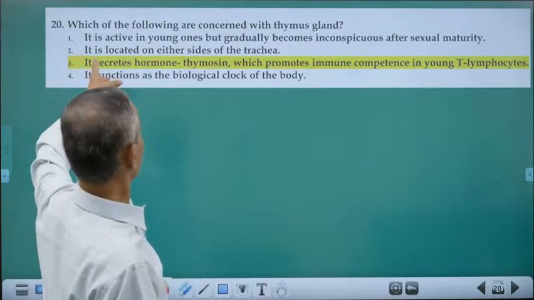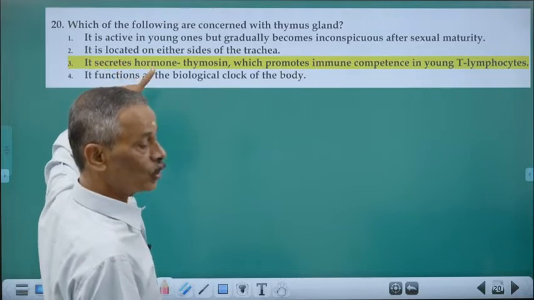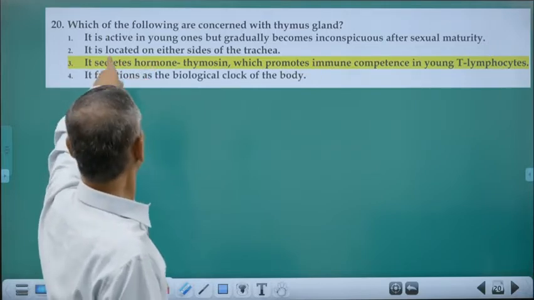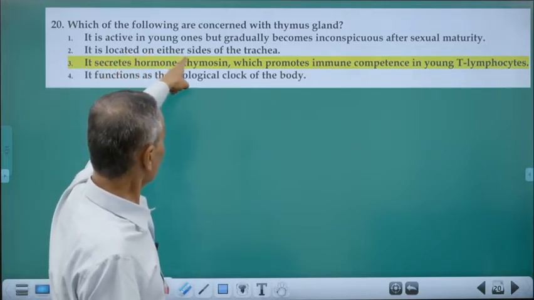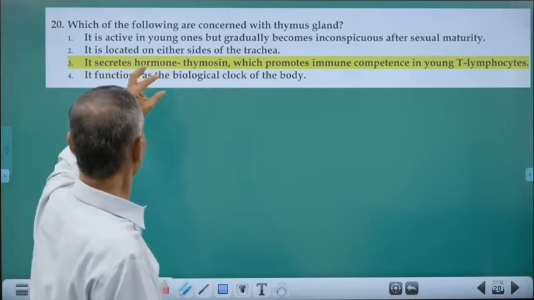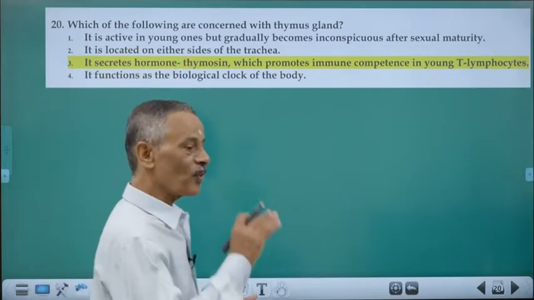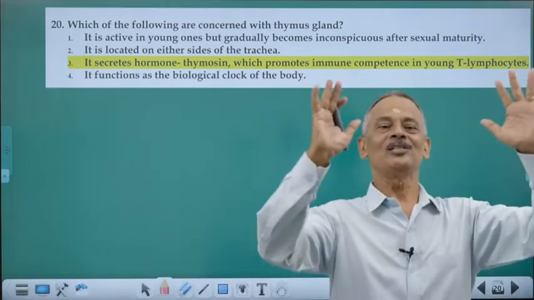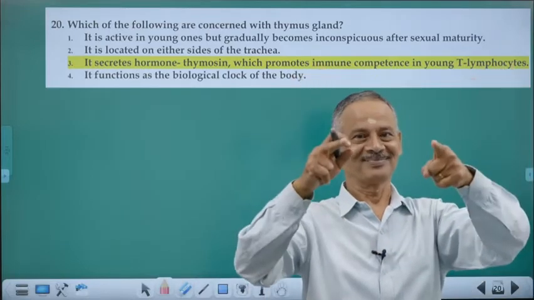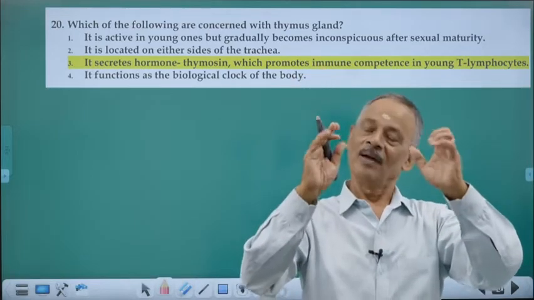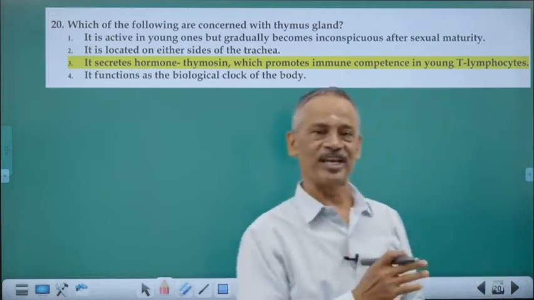Regarding thymus gland, what is thymus? An irregular bilobed gland. It is active in young ones. See, in young ones, it is quite small at the time of birth, but gradually enlarges, and it is maximum when you reach the adolescent stage.